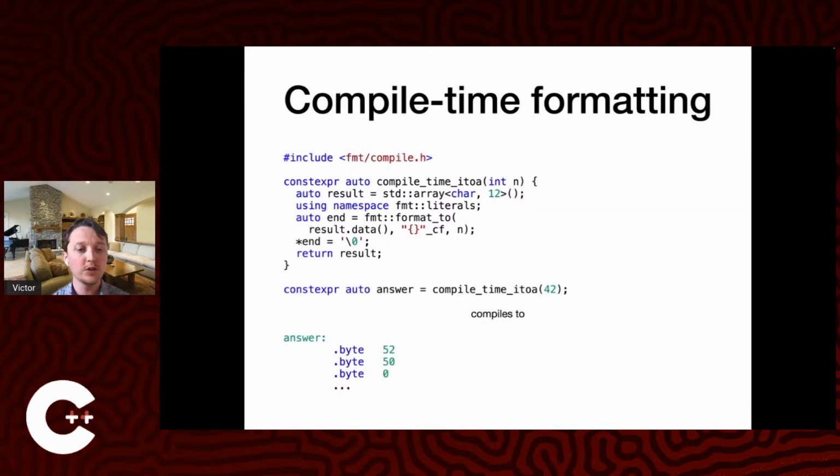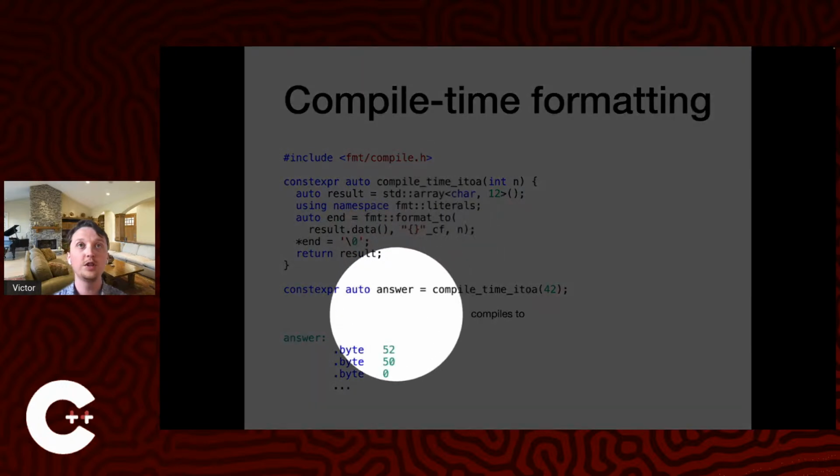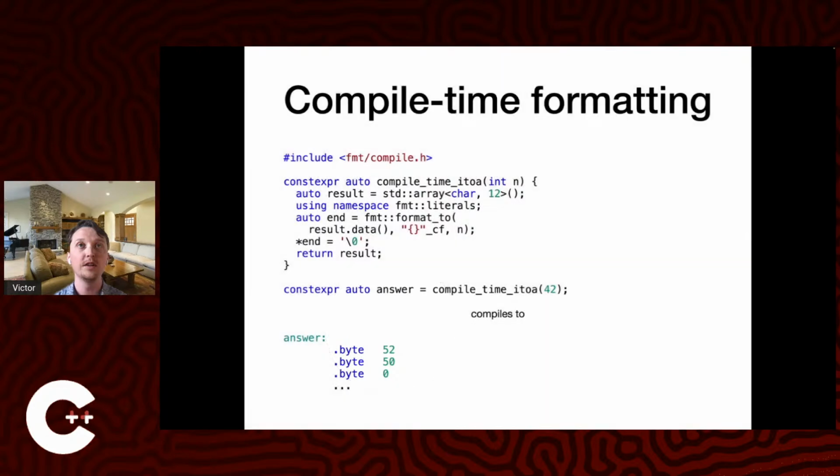And what it compiles to is actually pretty cool. It just compiles to a static array of size 12, because that's what we chose, with a string representation of 42. So 52 here is the ASCII character 4, and 50 is the ASCII character 2.